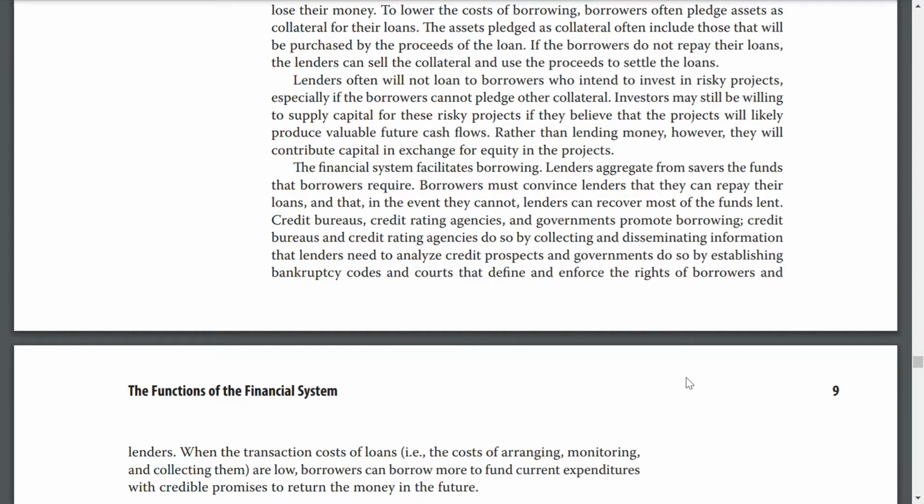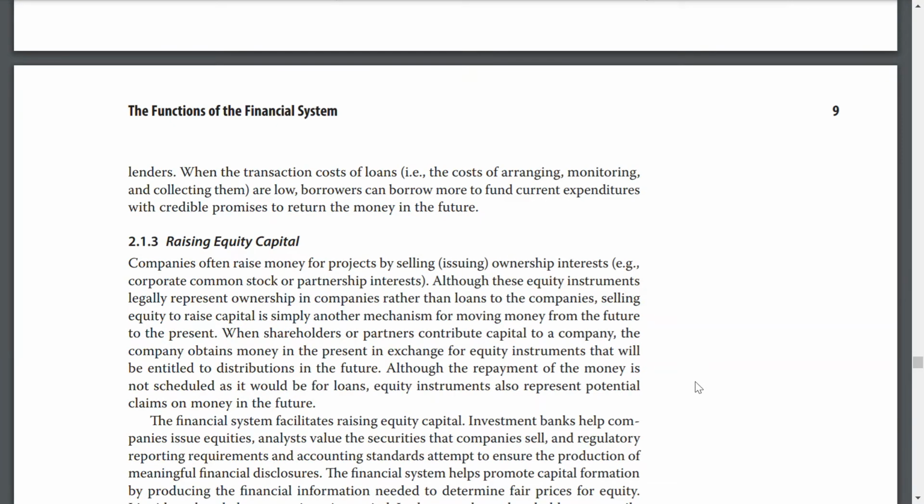Credit bureaus and credit rating agencies do so by collecting and disseminating information that lenders need to analyze credit prospects, and governments do so by establishing bankruptcy codes and courts that define and enforce the rights of borrowers and lenders. When the transaction costs of loans are low, borrowers can borrow more to fund current expenditures with credible promises to return the money in the future.